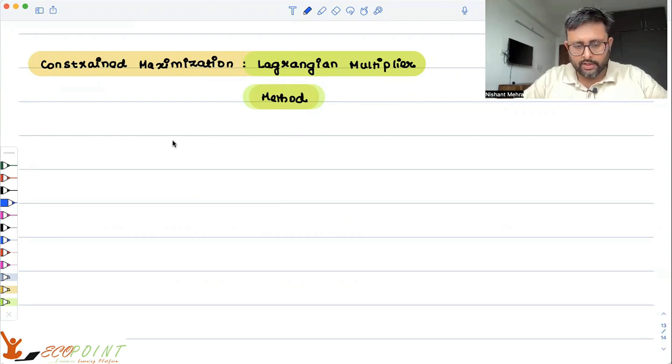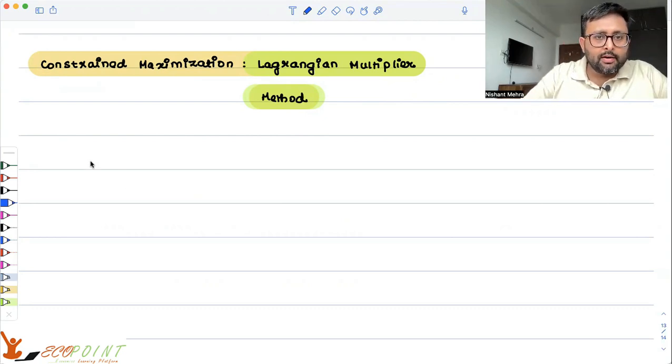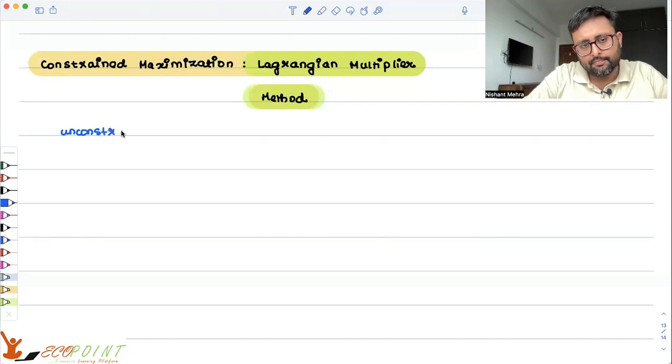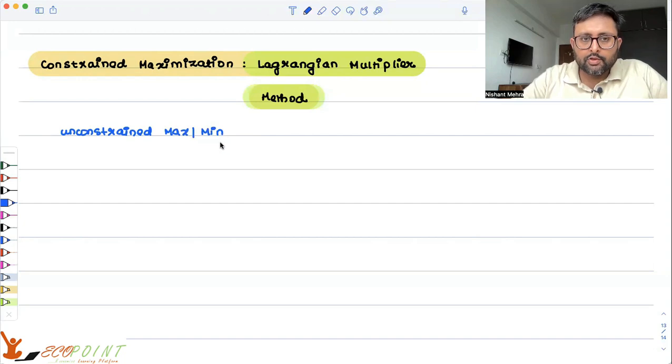That is it, right? So beta, when there is an unconstrained optimization or unconstrained maximum, it means you have an optimum value.